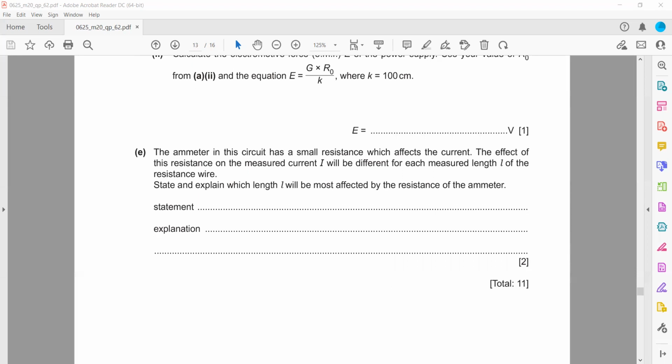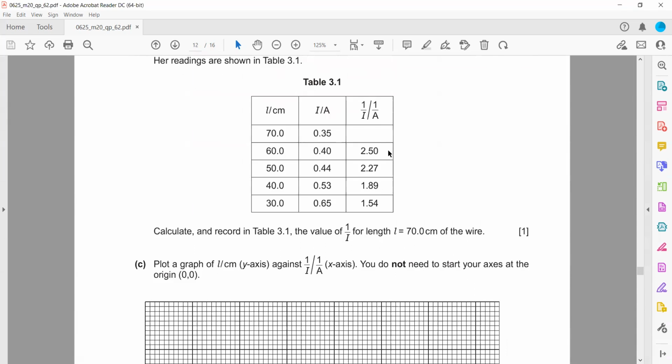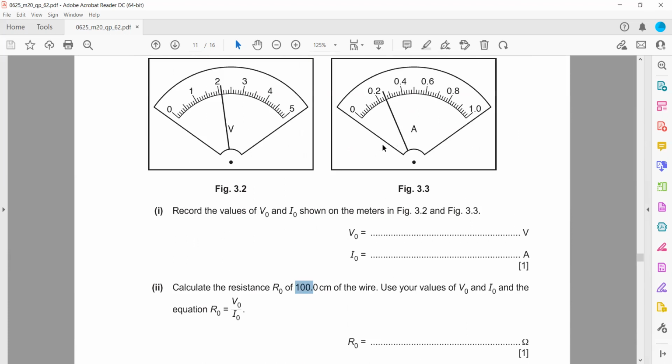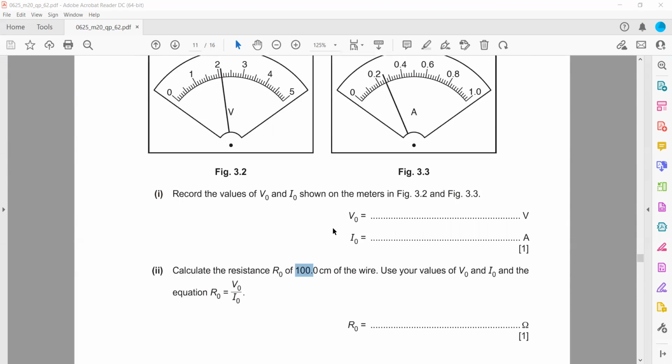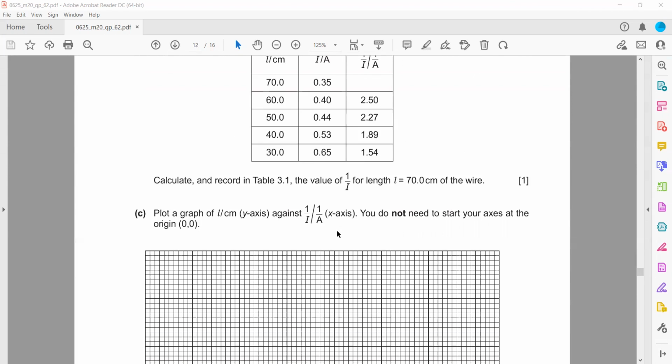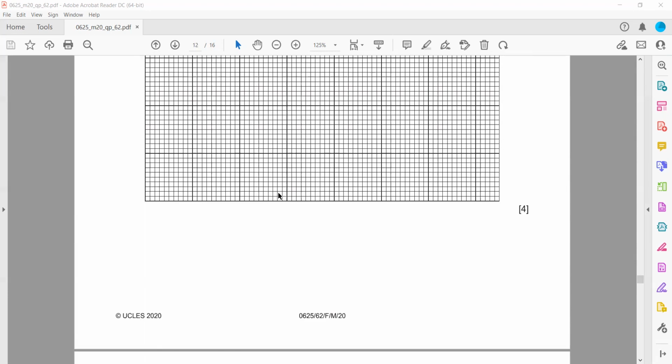They already mentioned the ammeter has a low resistance, and a shorter length will also have low resistance. So both will have low resistance. As a result, the current will most likely be affected for a length of 30 centimeter.